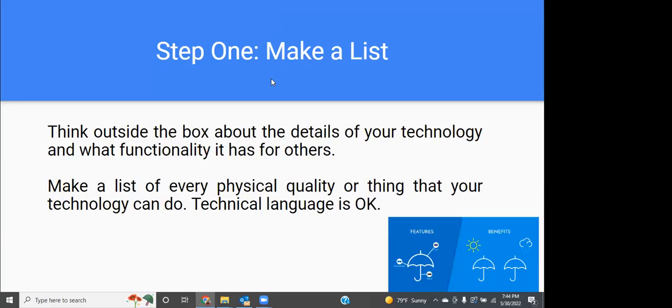And once you've got as many of those features as I'm talking about on the left-hand side here of that technology written down, then push yourself to think more about the functionality or the benefits.